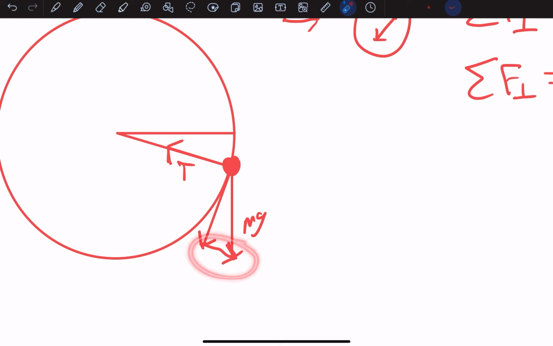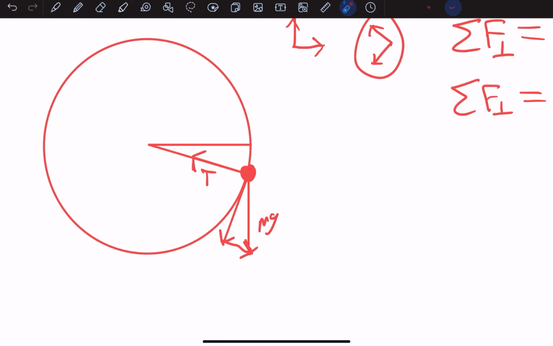This component right there is the component that's going against this tension force. And this angle and this angle are probably the same. One way we could double check that is if this angle goes to 0, this is at 90 degrees, it's right here, and that would mean this angle also goes to 0. So these are probably the same angle.